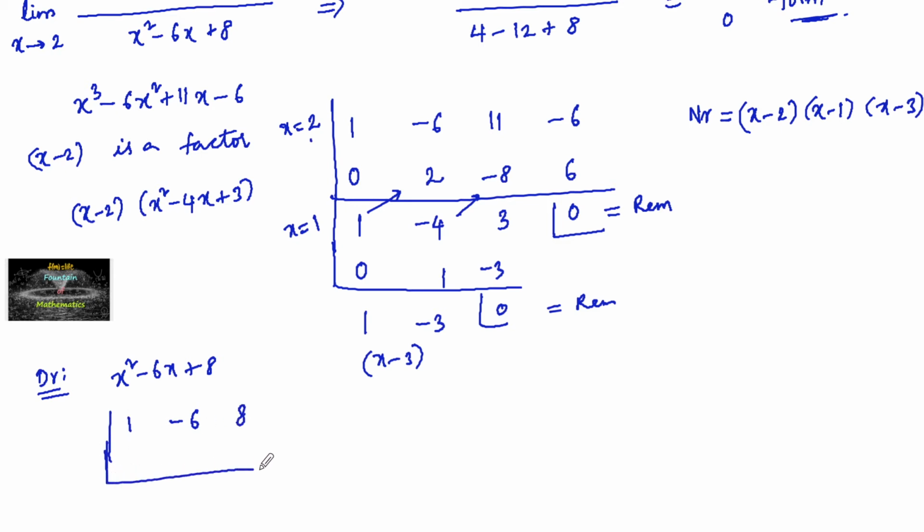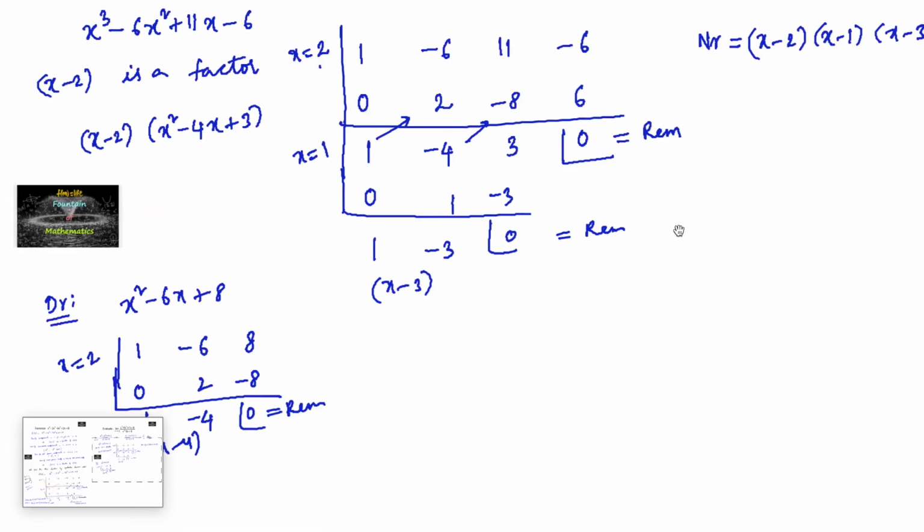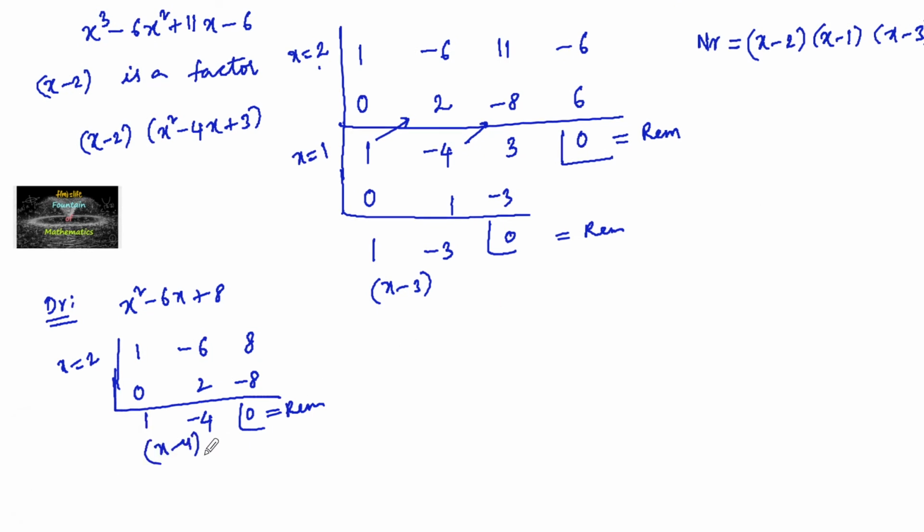Since x − 2 is a factor for the denominator also, take x = 2. 1, 2 ones are 2, −6 plus 2 is −4, 2 into −4 is −8, so we get remainder 0, and hence the other factor is x − 4. So the denominator is (x − 2)(x − 4).